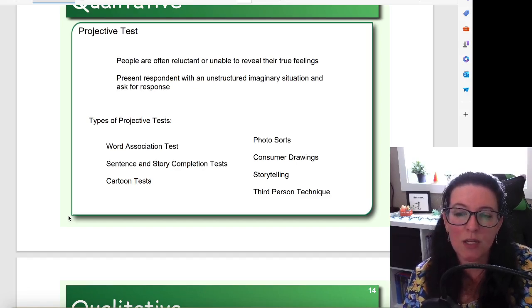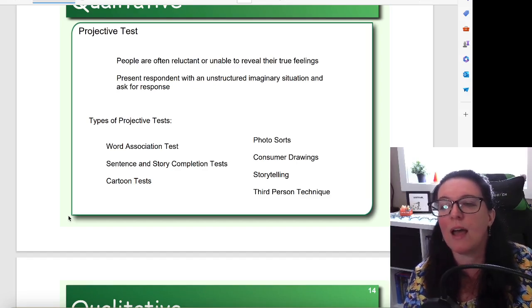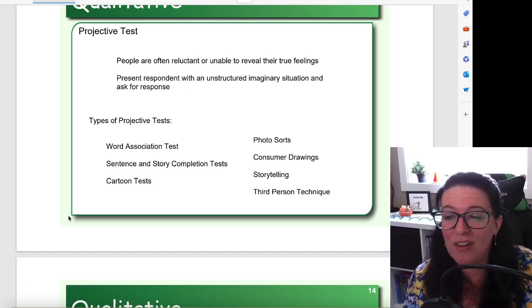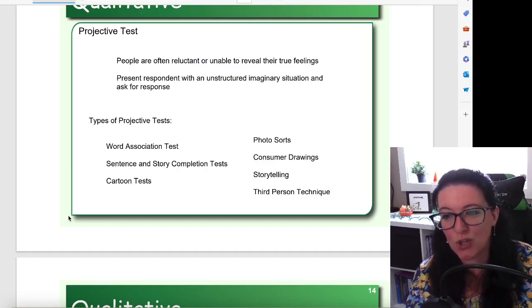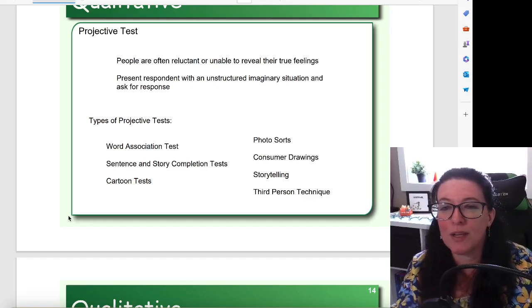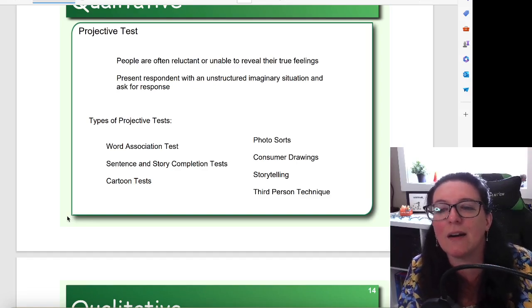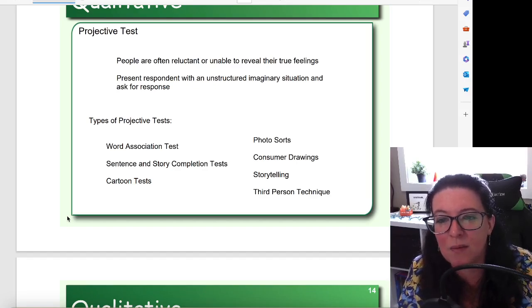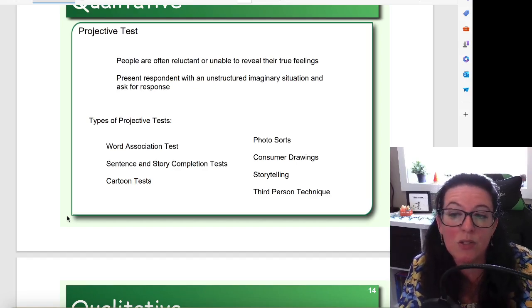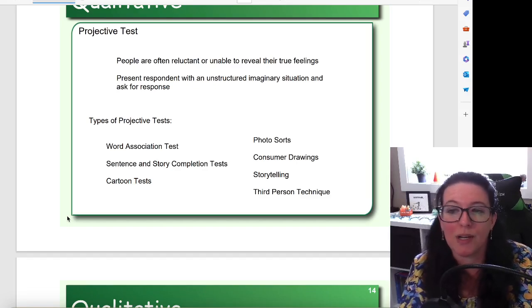If you are trying to use, say, like the storytelling, or where you're having them provide more detail, then you want to have that in more of an interview setting where there is the time for one person to talk for longer. In a focus group, remember that if you have 8 to 12 participants, you aren't necessarily hearing from everybody. And so if you're using projective tests in more of a focus group setting, it is going to have to be one of the more shorter, quicker methods like word association.